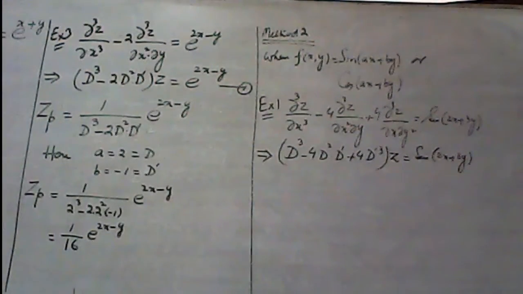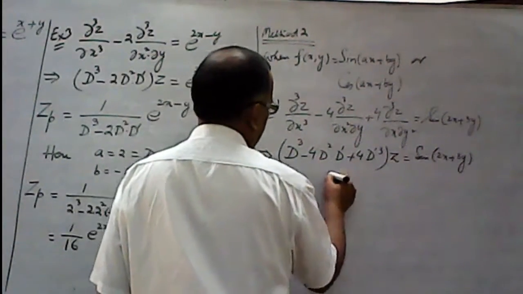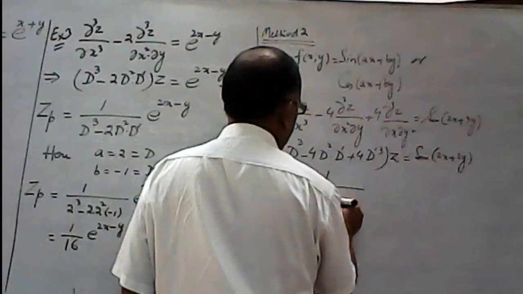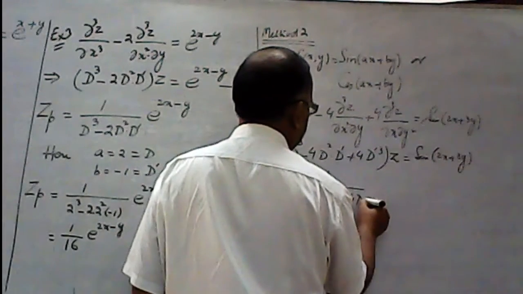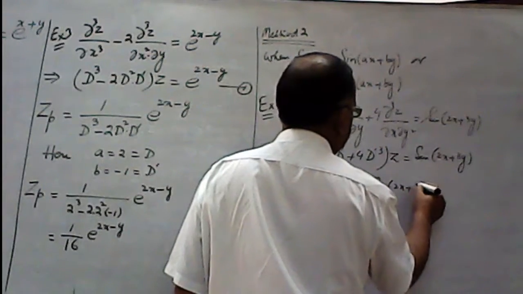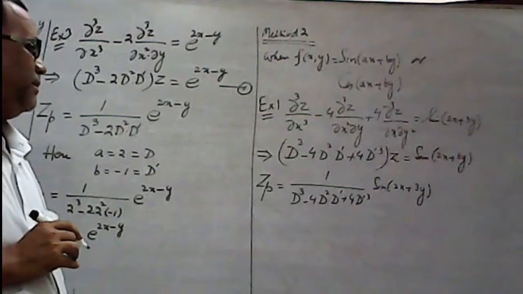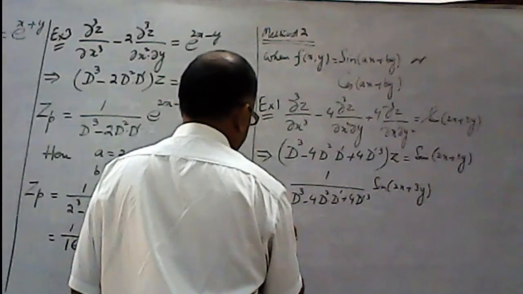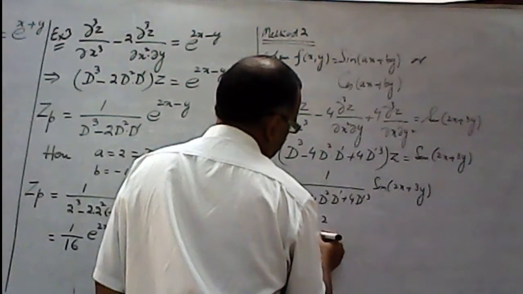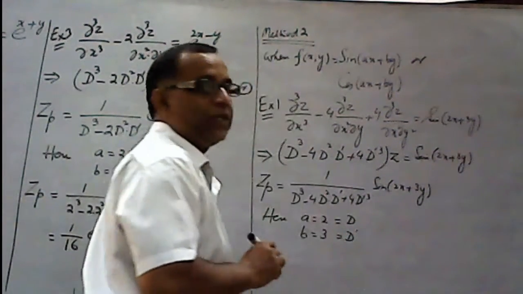Now for the particular integral, we need to write Zp is equal to 1 upon (D cubed minus 4D squared D dash plus 4D dash cubed) of sin(2x+3y). Here a is equal to 2, b is equal to 3.